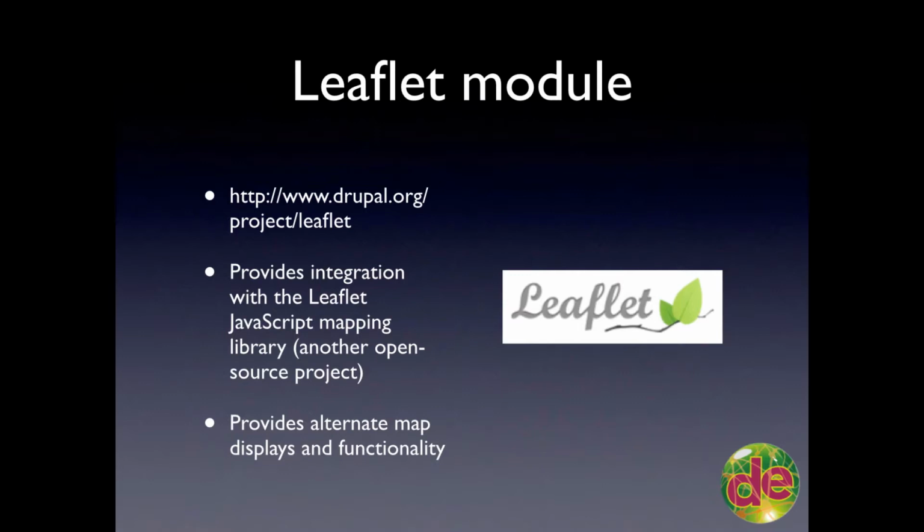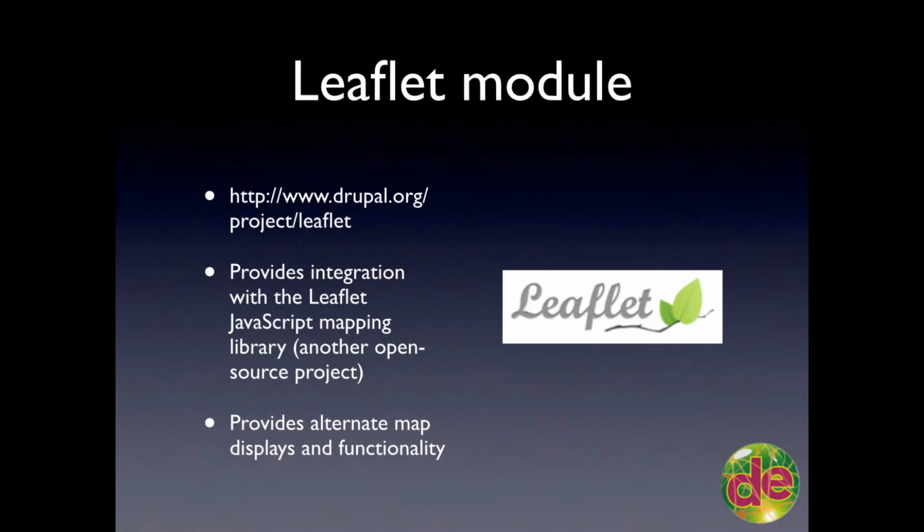And then finally, we're going to look at the leaflet module. Now, out of the box, the Geofield module actually includes another module called Geofield Map, which outputs just Google Maps. The leaflet module provides all different kinds of maps. It does output Google Maps, but it also outputs OpenStreetMaps as well as I think there's about 15 or 20 various base layers that we can use with the leaflet module.